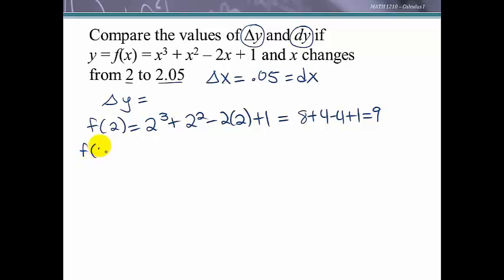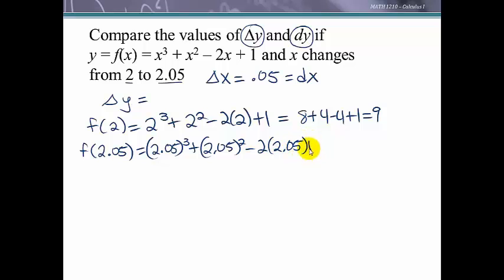Now we're going to take the function and put in 2.05. So that'll be 2.05 cubed plus 2.05 squared minus 2 times 2.05 plus 1. And definitely get a calculator to help out here. That looks like it's going to be 9.717625.